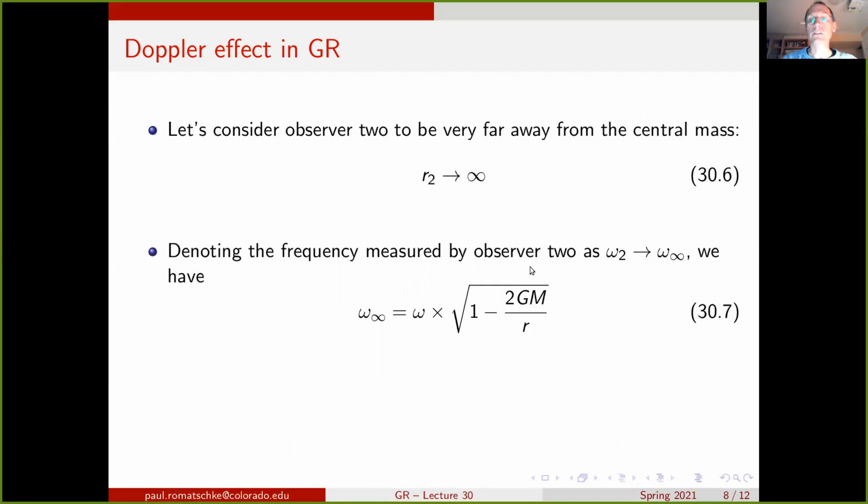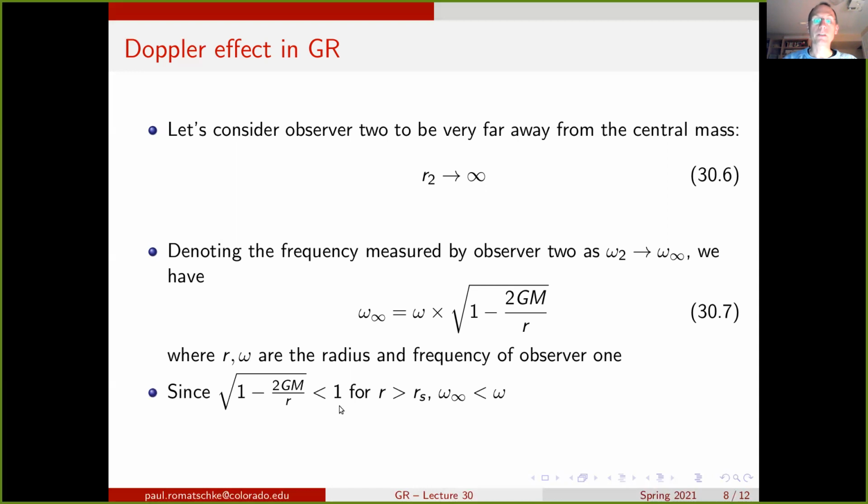If we then do this and we denote the frequency that observer 2 is measuring by omega infinity, we find that the frequency of the distant observer is equal to the frequency that's emitted from observer 1 at location R via this formula here, where R is the location of the observer and omega is the frequency with which the light source is emitted. So we find that there's this relation between the emitted frequency and the frequency that's received very far away from the central mass, and you can see that these two frequencies are not the same.